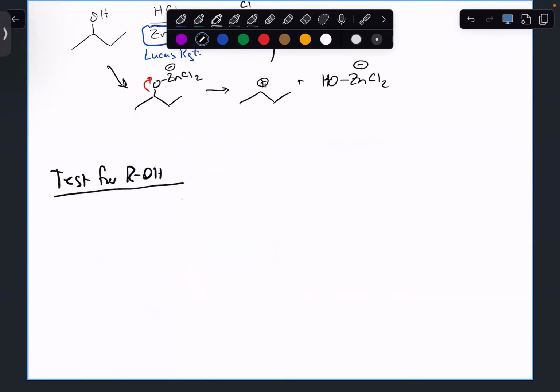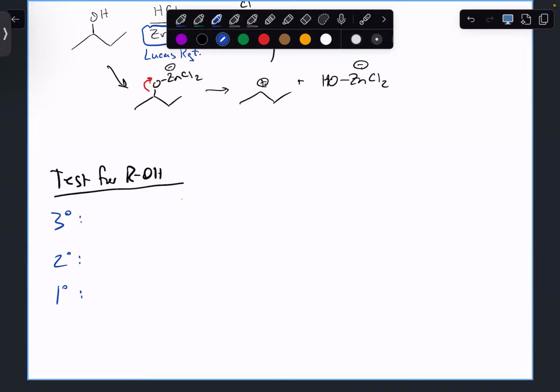Let's say you had 3 test tubes. One had a primary, one had a secondary, one had a tertiary alcohol in it. You would have the Lucas reagent, HCl and zinc chloride, and you'd add a little to each of the test tubes, and then you'd shake them up.